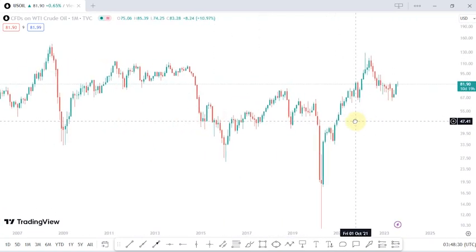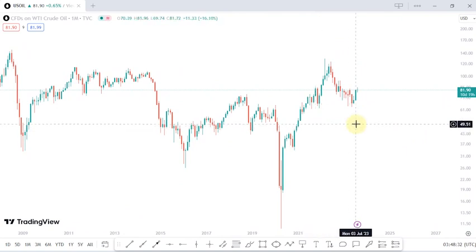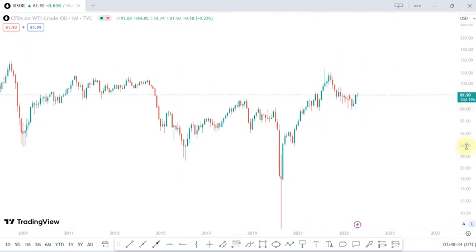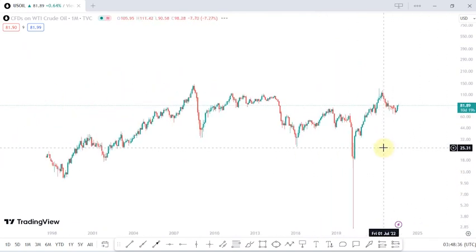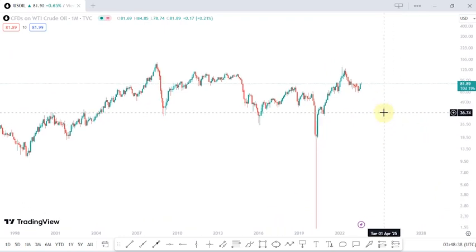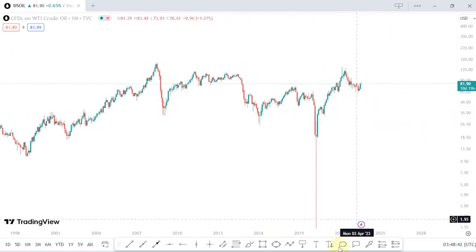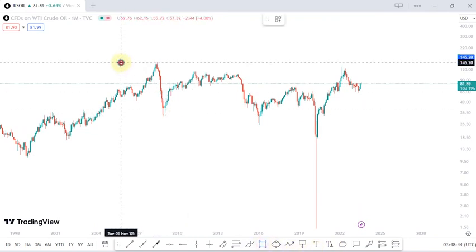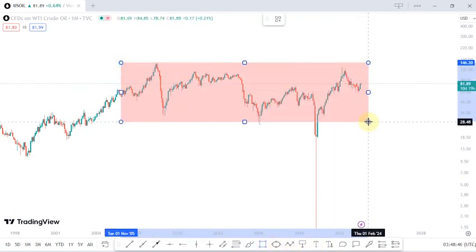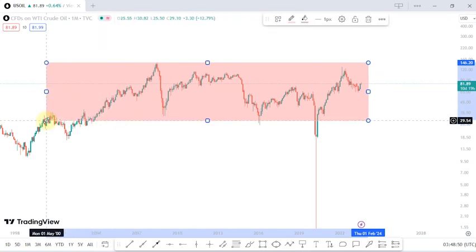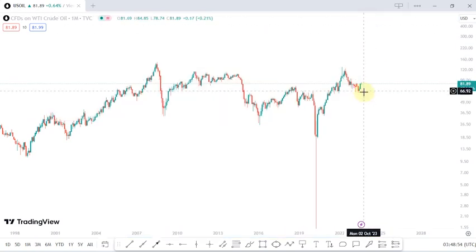This is what we have on the monthly time frame. And on that monthly time frame, you can see a kind of ranging market. But let's go and see what the market is currently doing.